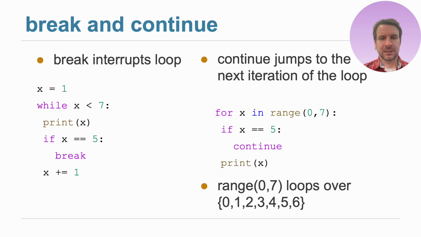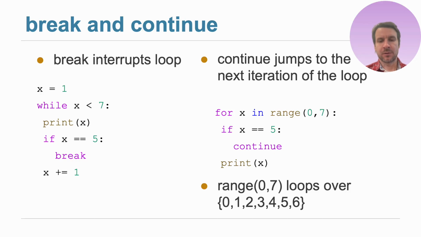The other thing that you can use to control how the program runs in the loop is continue. What continue does is that it interrupts the current iteration of the loop and goes back to the next iteration in the loop.